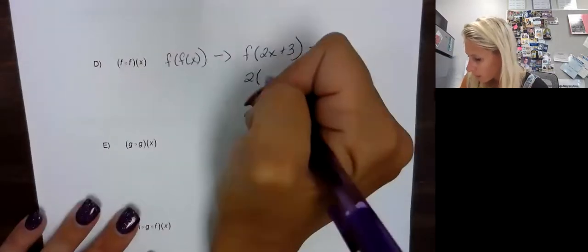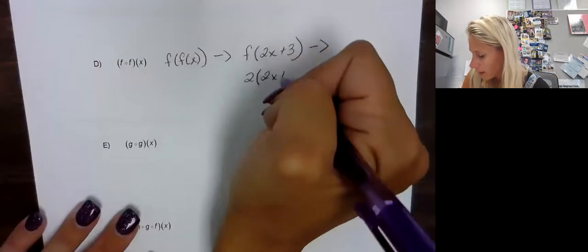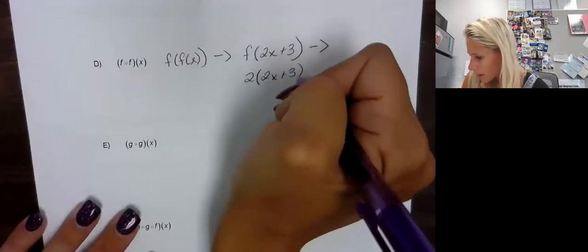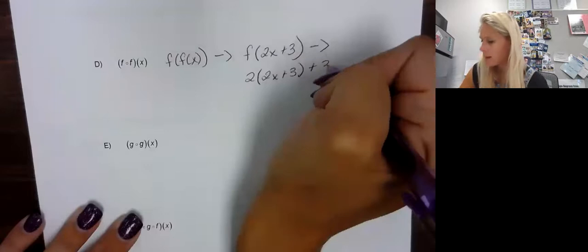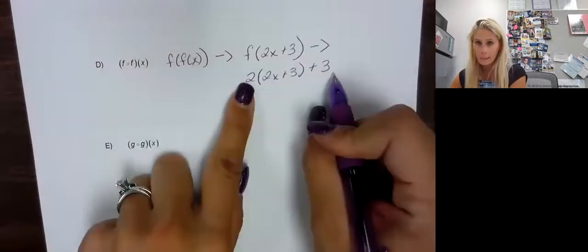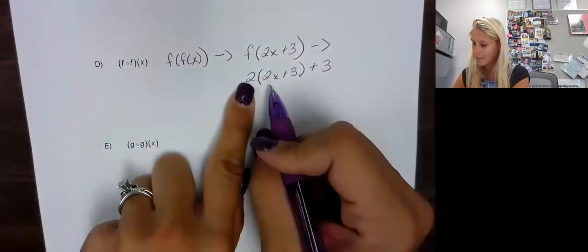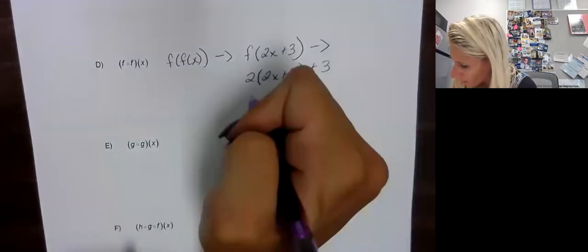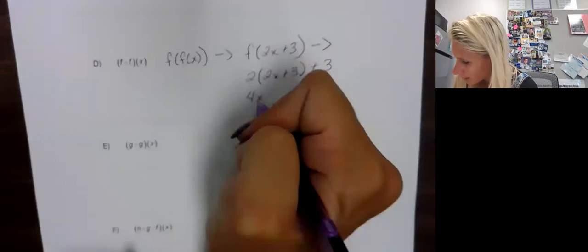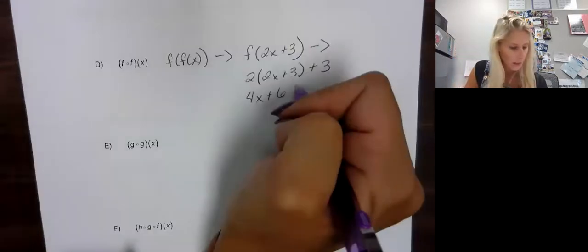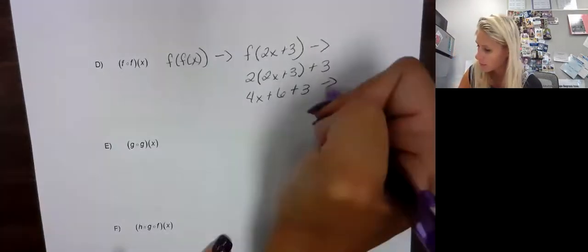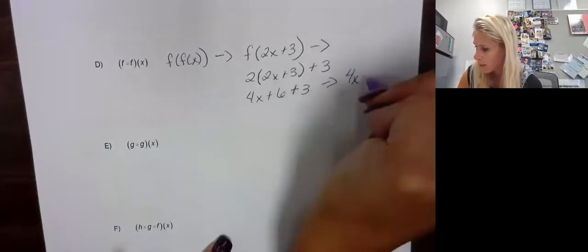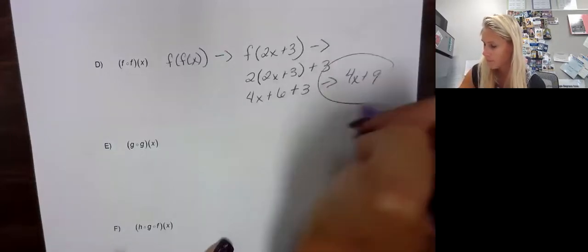Instead of x, we're going to do 2x plus 3 plus 3. Again, f of x, but instead of x, I have an extra. Now I can simplify that more. I get 4x plus 6 plus 3, which gives me 4x plus 9.